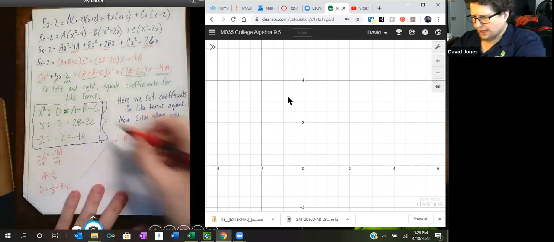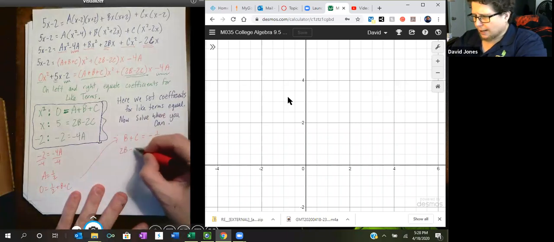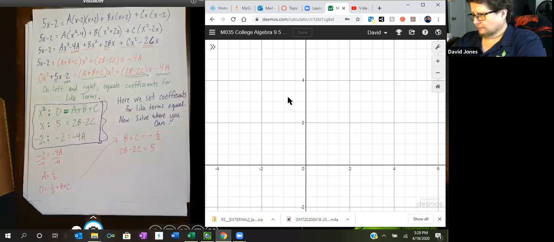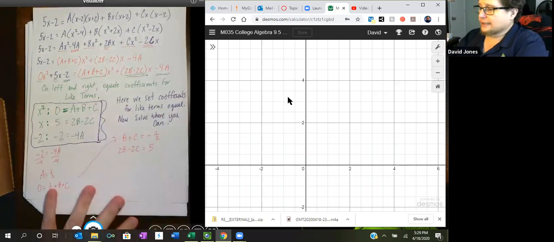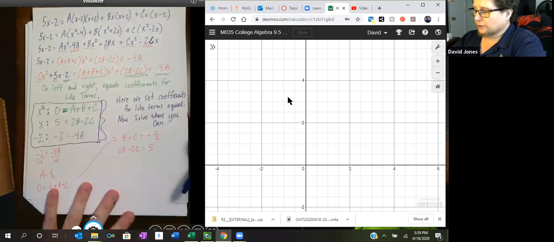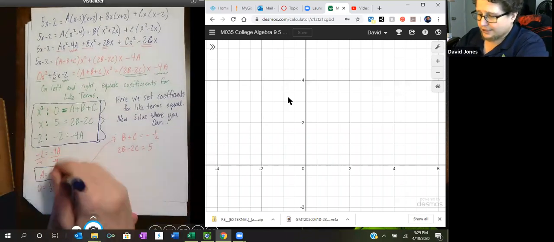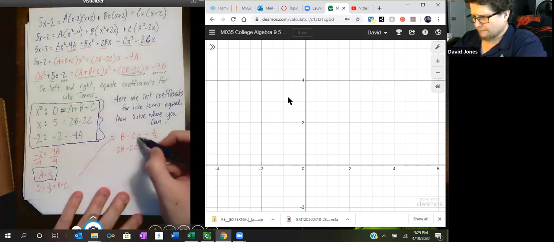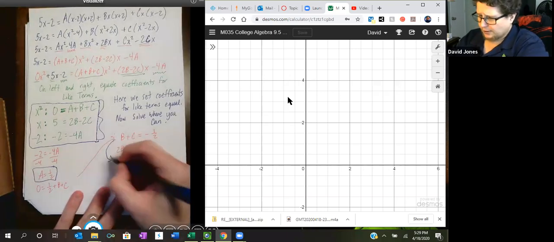And the other equation I have is 2B minus 2C equals 5. Now we use stuff from the system of equations. I want to clear these, figure out what these values equal. That one's already determined. So I can multiply this by 2.